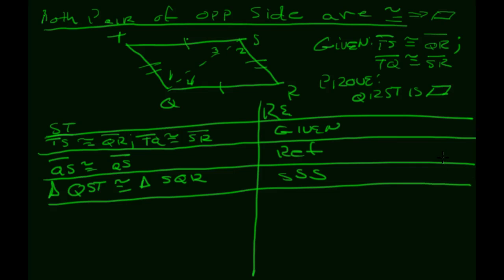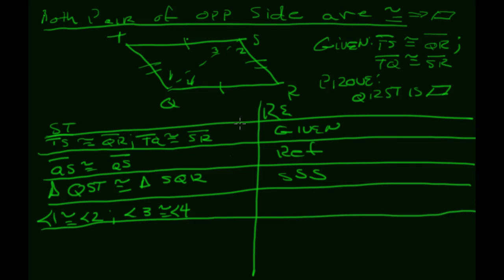Okay, so it's not hard from here, because now that I have these two triangles congruent, I can get some angles, and then I can use the angles to get the lines being parallel. So I'm going to say that angle 1 is congruent to angle 2, and angle 3 is congruent to angle 4. And these are both sets of corresponding parts of the congruent triangles, so we use CPCTC.